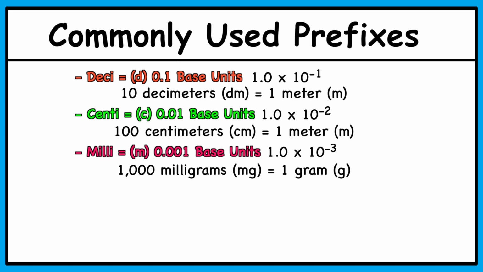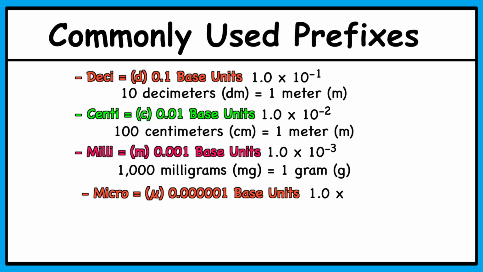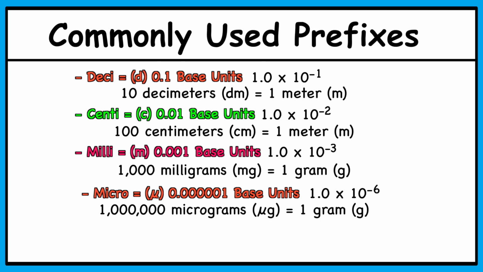We continue getting smaller with the prefix micro. This Greek symbol is shown, and it represents 0.000001 base units, or 1/1,000,000th of a base unit. In other words, in scientific notation, 1.0 times 10 raised to the negative sixth power of base units. So 1 microgram is 1/1,000,000th of a gram, or there are 1,000,000 micrograms in 1 gram.